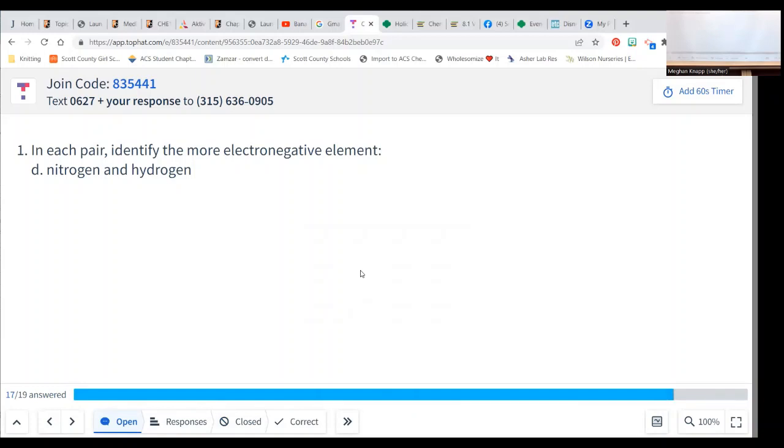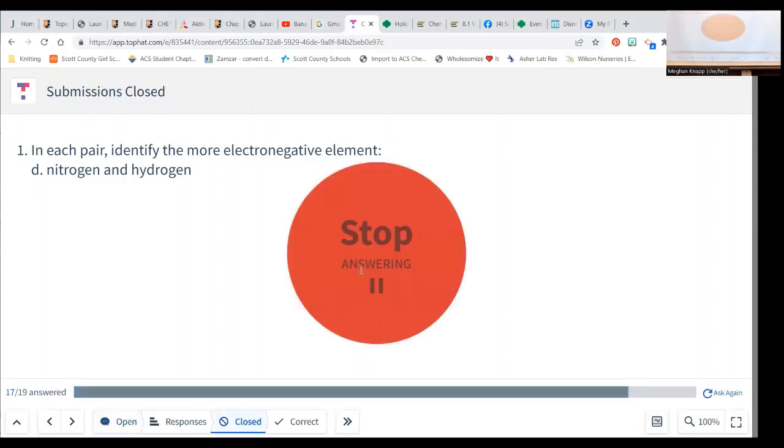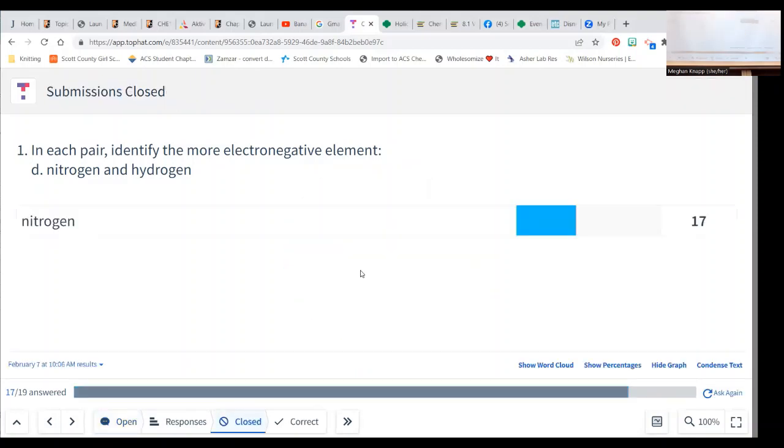I'll give you a question like this on your homework that will be due next Monday. There's a table in the book that you can look at if you want to refer to the numbers. On the test, you'll just need to know which one is closer to 4. Everybody said nitrogen, you're awesome.